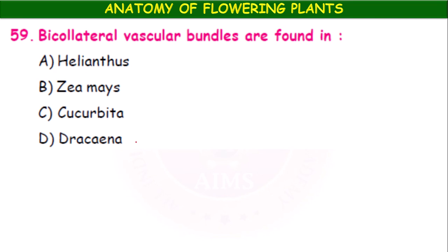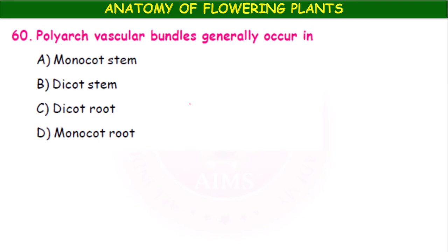Bicollateral vascular bundles are present in Cucurbita, a dicot plant. Polyarch vascular bundles generally occur in monocot stem, dicot root, monocot root. Polyarch xylem especially.